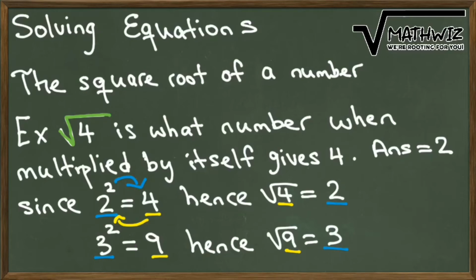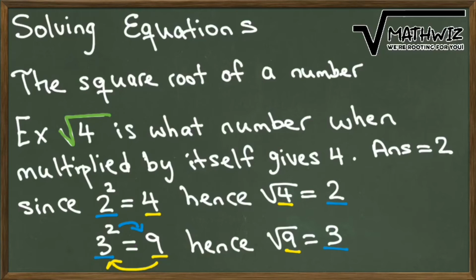Similarly, just putting another example there so that you can see: 3 squared, which is 3 times 3, not 3 times 2, would give us 9. Therefore, the square root of 9 is going to be 3.